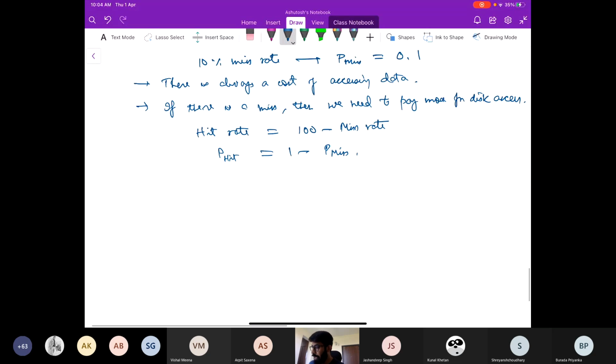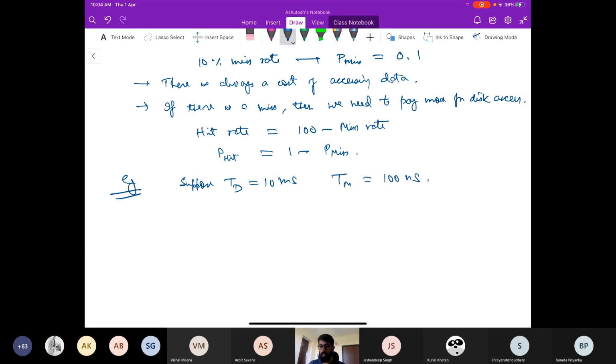Now let's see an example of how these things affect your whole performance. Suppose the disk access time was 10 millisecond, and the memory was 100 nanosecond.